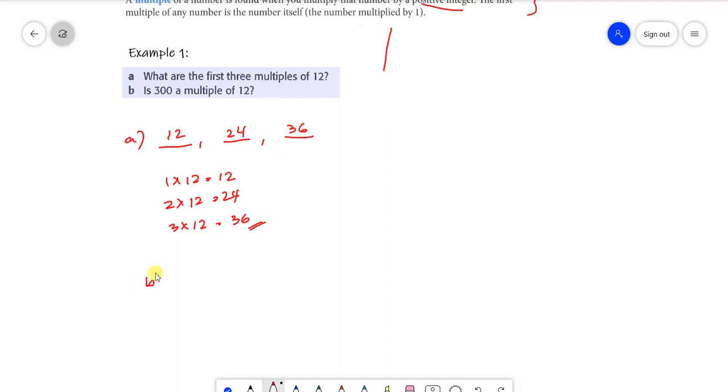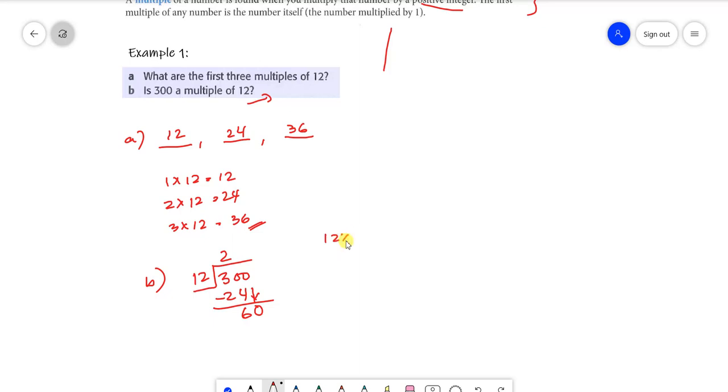Okay, moving on to part B. Is 300 a multiple of 12? So the easiest way to check this is by dividing. That means, can we divide 300 by 12? So we have 300 here and 12. So let's check. 12 times 2 is 24. Due to the subtraction, we have 6. We bring the 0 down. 60.